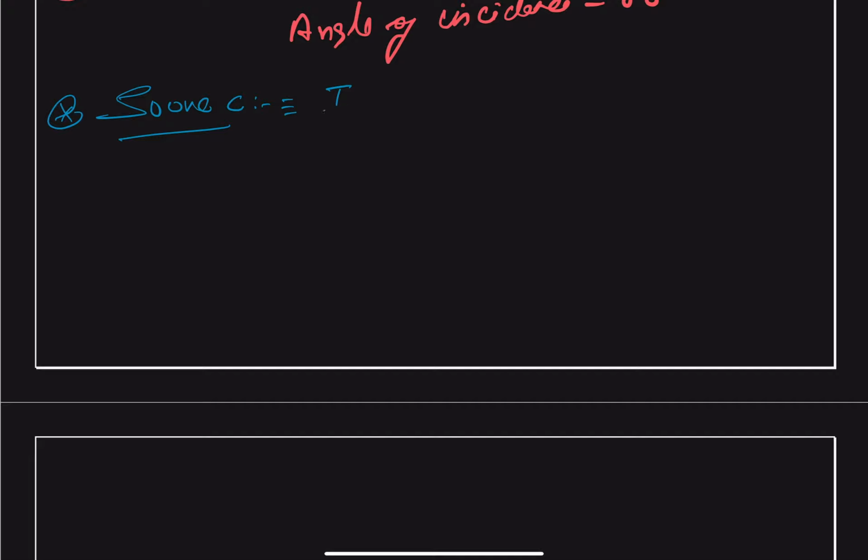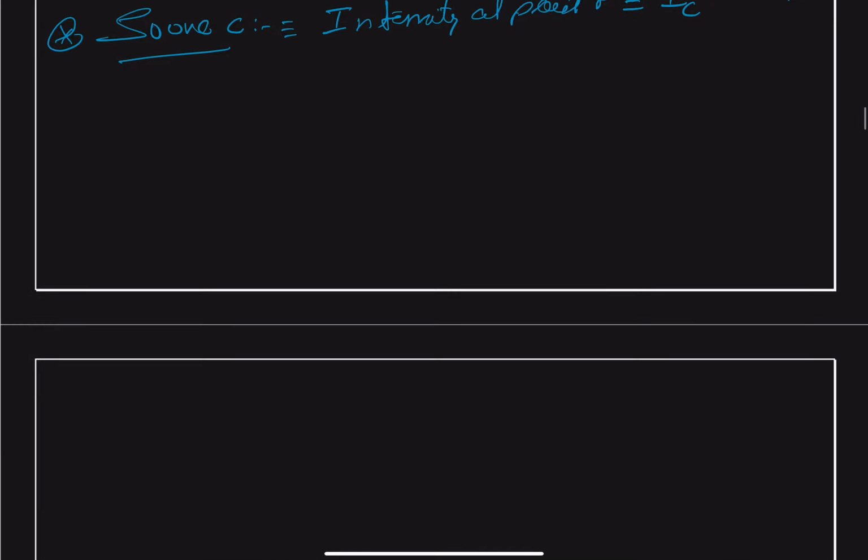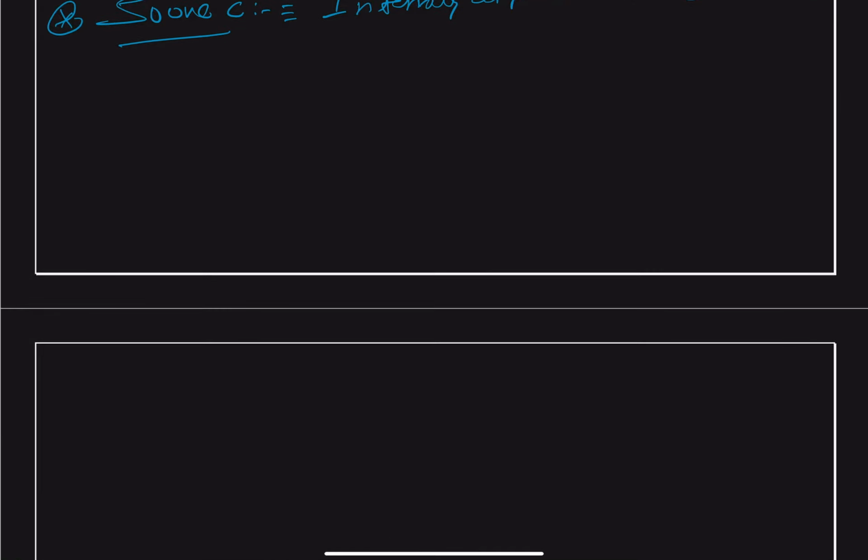So we can say intensity at point P, which is of IC, is given as 20 watt per meter square, and it is also at an angle of 60 degree. Angle of incidence is 60 degree. Okay, and we have to find out the total intensity at point P.